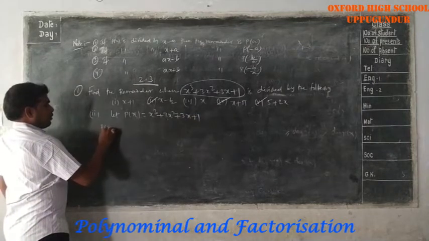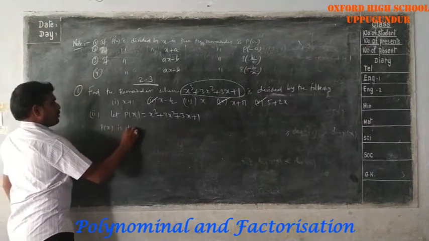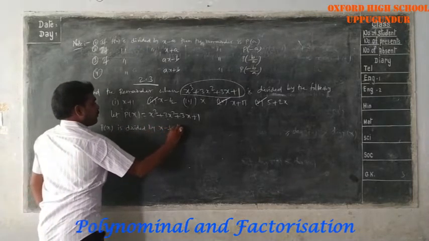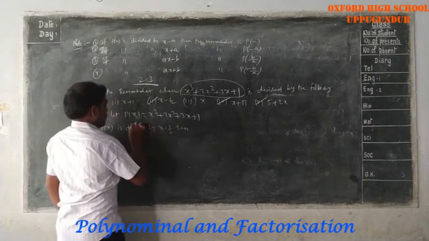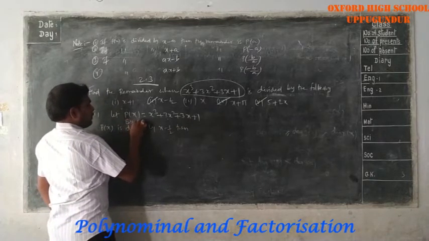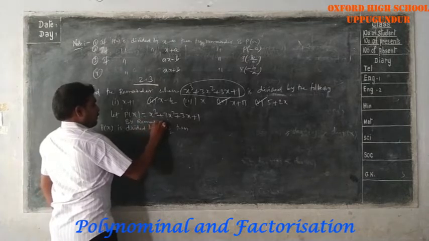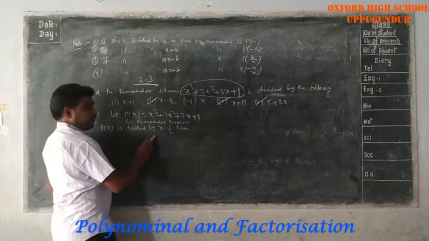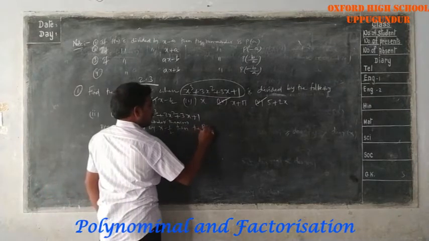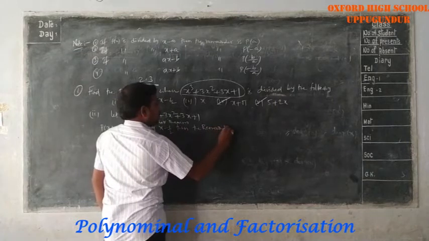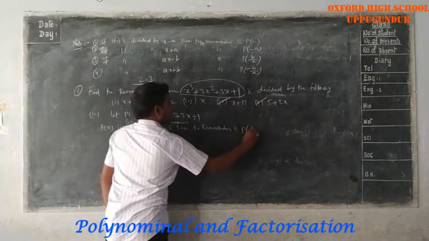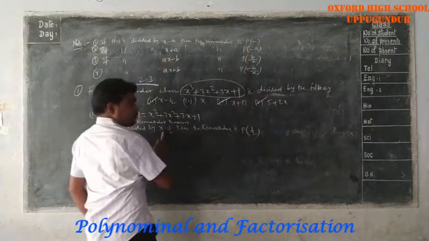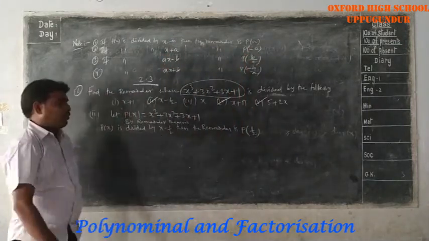So p of x is divided by x minus 1 by 2, then by the remainder theorem, the remainder is p of 1 by 2. x minus a, remainder is p of a. x minus 1 by 2, remainder is p of 1 by 2.